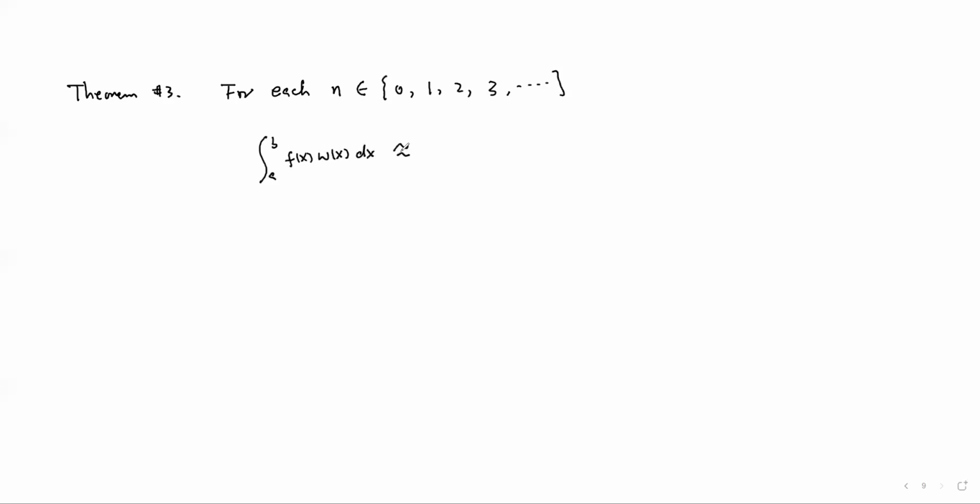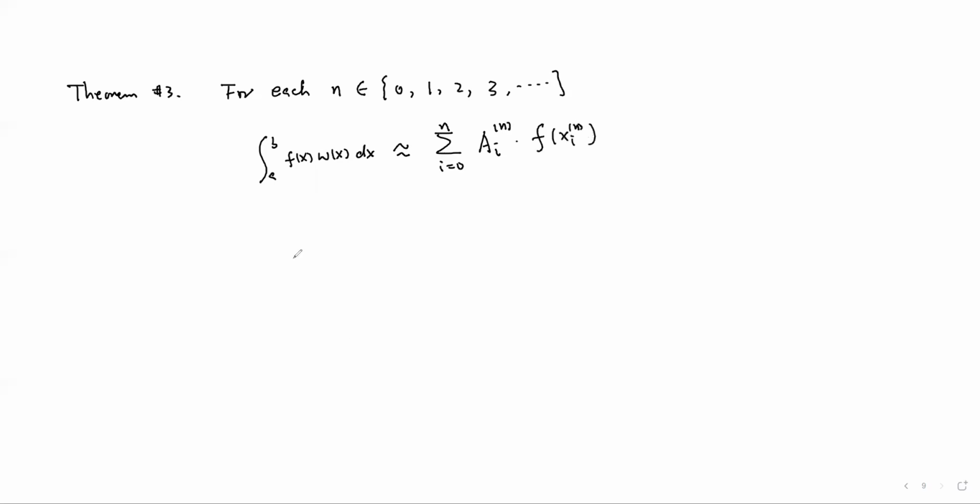Roughly it's a summation i from 0 to n. The coefficients, of course, depend on n, and the nodes also depend on n. You agree?